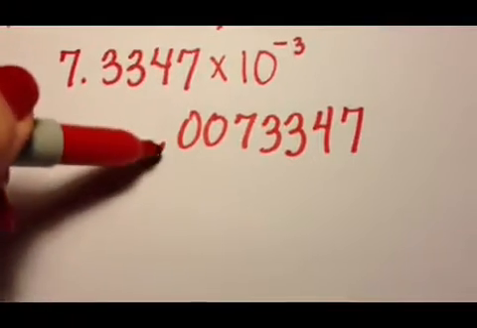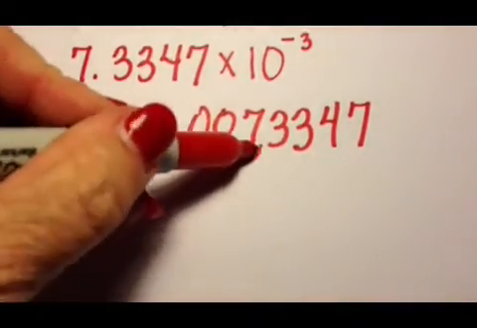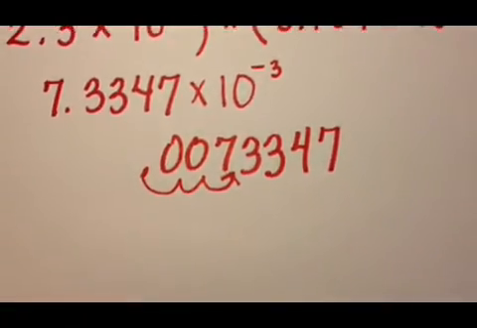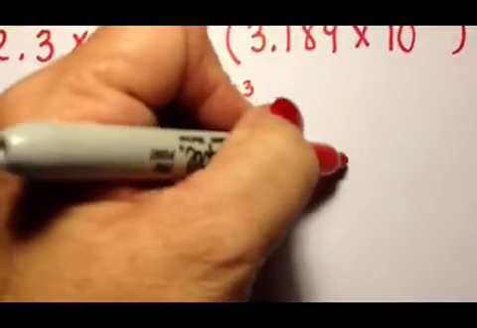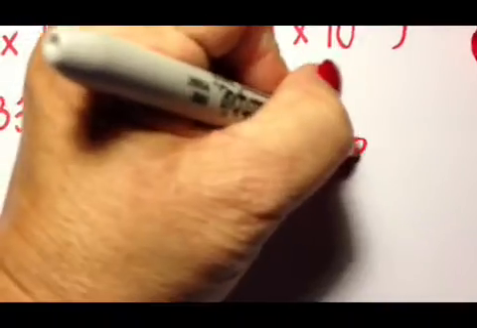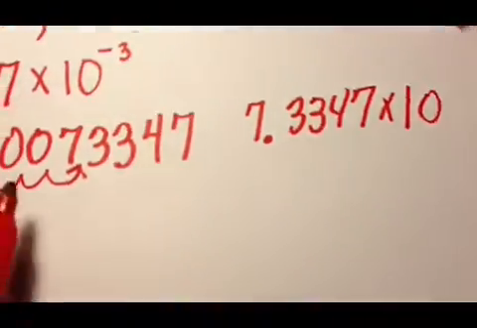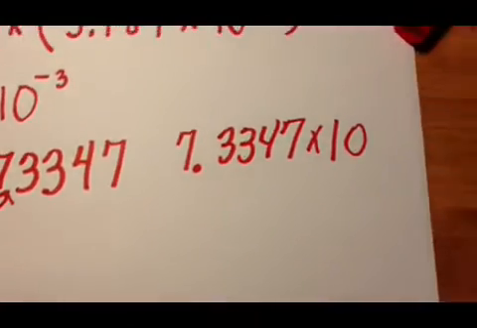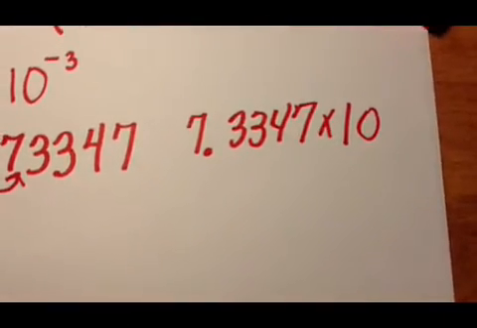Okay, now let's go back over here where I worked this problem before, and let's change this to scientific notation. So we have 1, 2, 3 places. Okay, now, so I'm going to write that as 7.3347. And now, it moved 3 places, so my exponent, remember, is either going to be positive 3 or negative 3.